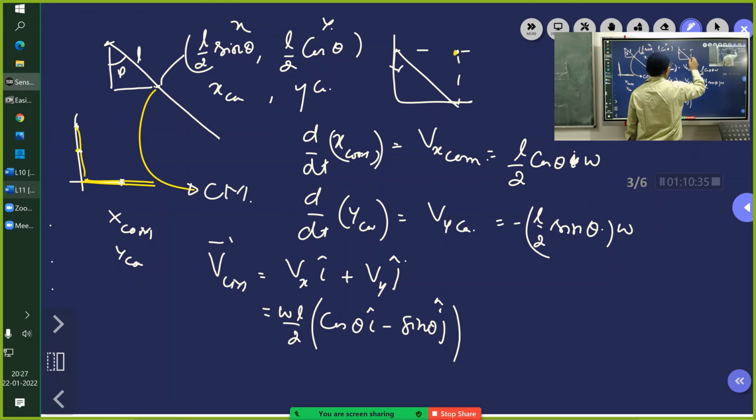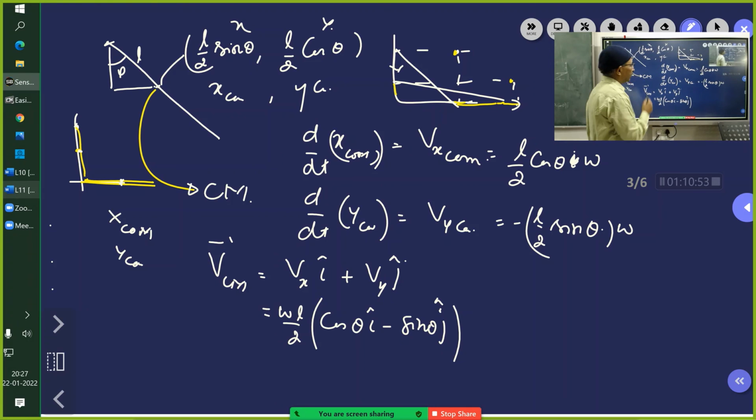To begin with, it was here. And when this ladder is somewhere here, the center of rotation, the axis of rotation, is somewhere here.